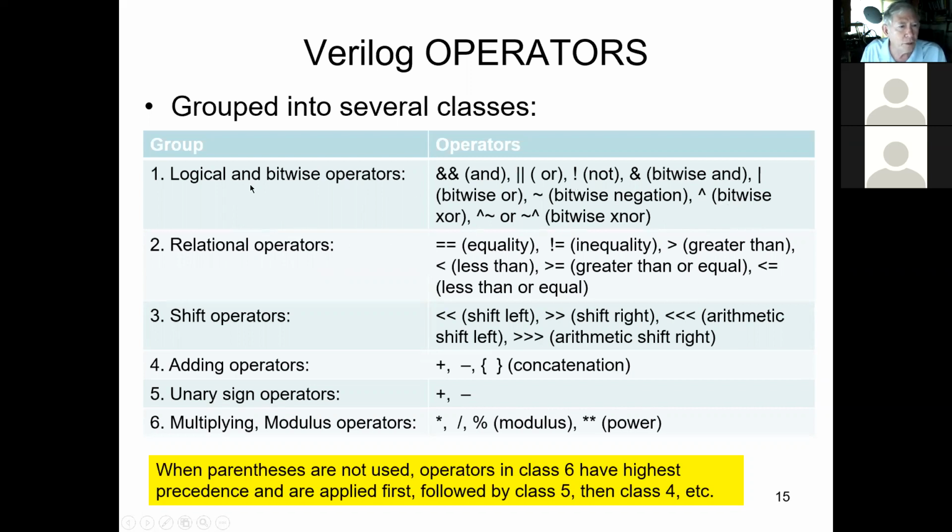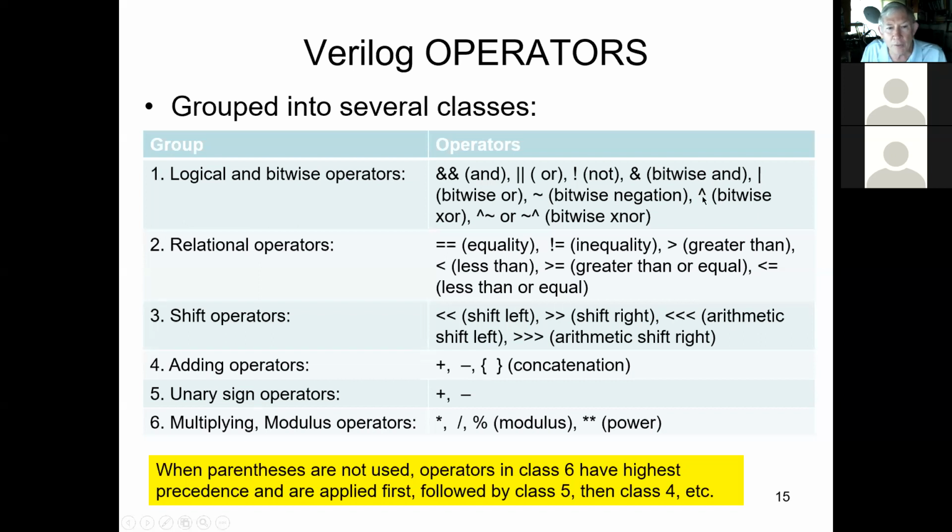All right, notice here we have logical AND, logical OR, logical NOT, and then we have bitwise AND, bitwise OR, and bitwise negation. Now, why they didn't use a double exclamation point and a single exclamation point, I don't know, but they didn't.